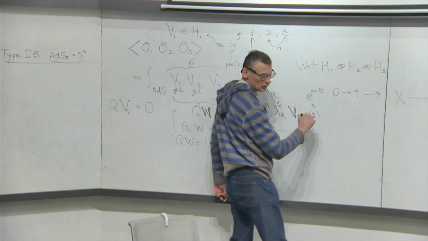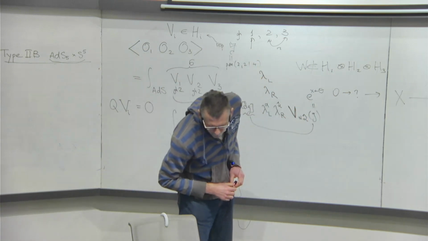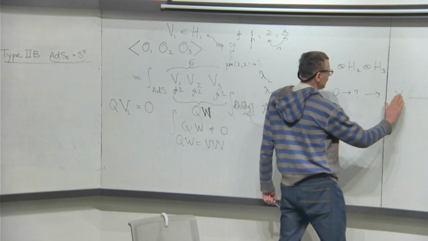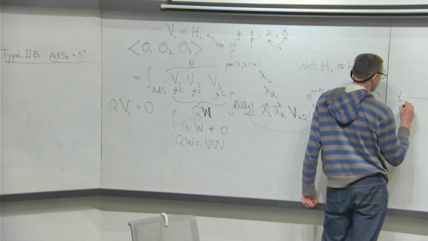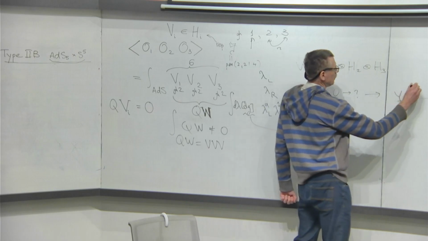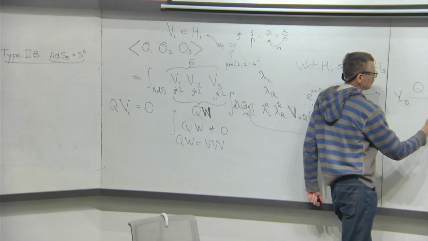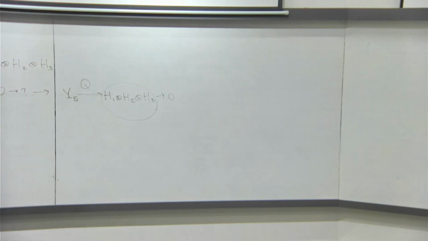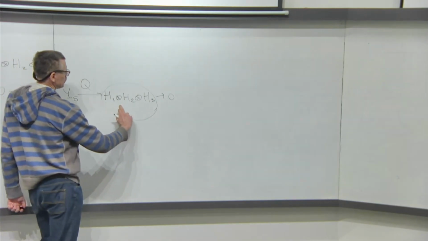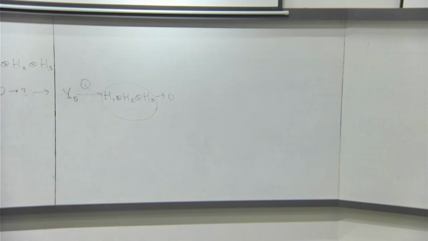So the kernel, here is some subspace of operators of Gauss number 5. And Q gives me the tensor product of three representations. The object which transforms in the tensor product of two representations.